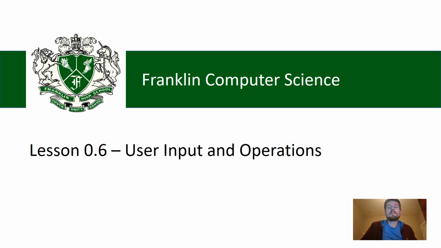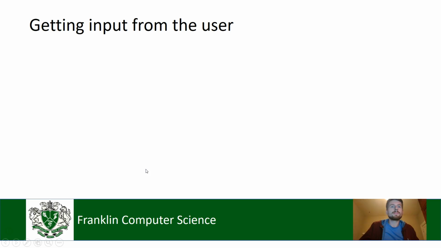You actually make a program responsive, and wait for a user to type something in, and then you do something with their input. And we're going to talk about operations, which are kind of like, well, what might you do with the input that they give you, and what can you do with numbers and variables in general with Java. So we're first going to start off with user input, and then go into operations next.